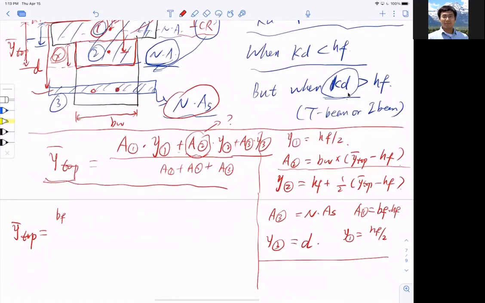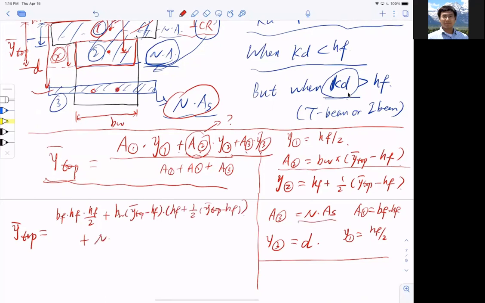So BF HF multiplied by HF divided by 2, plus A2 Y2. A2 is BW times y top minus HF, and distance Y2 is HF plus half of y top minus HF. Now plus A3 Y3.